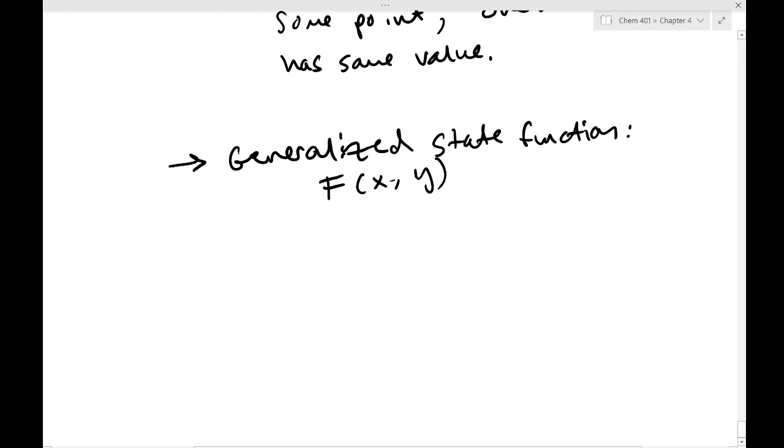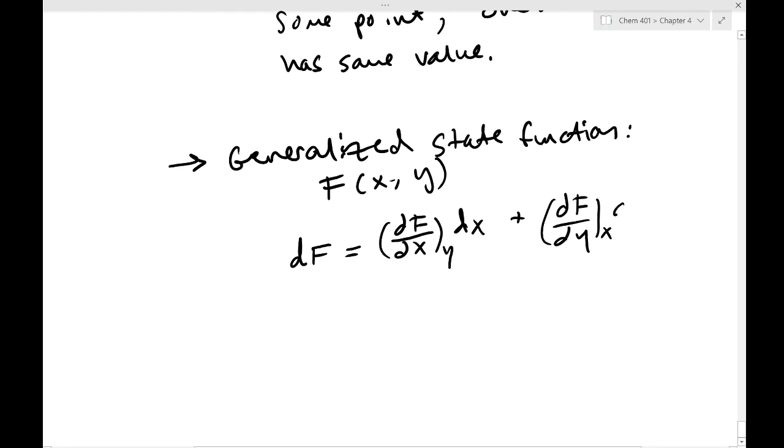This is our generalized state function. If we look at the overall change in f, we can define this as df equals the change in f with respect to x with y constant times dx, plus the change in f with respect to y with x constant times dy.